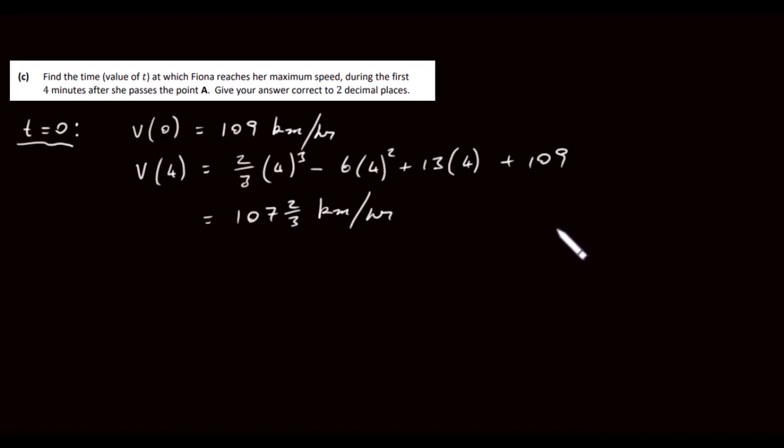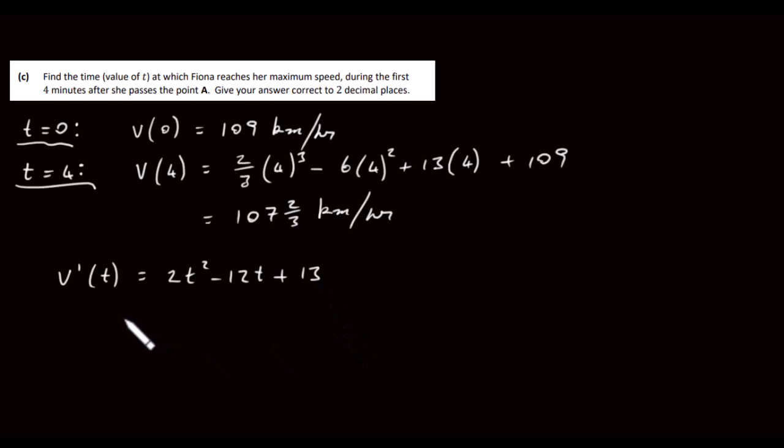Now let's look at the differential of the equation. So we know that v dash of t is 2t squared minus 12t plus 13.